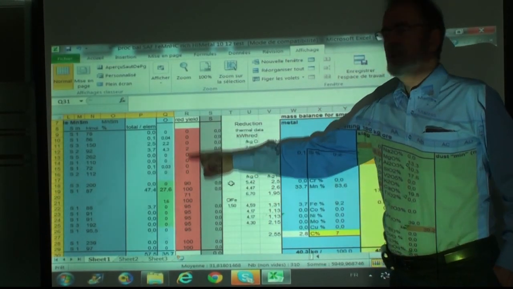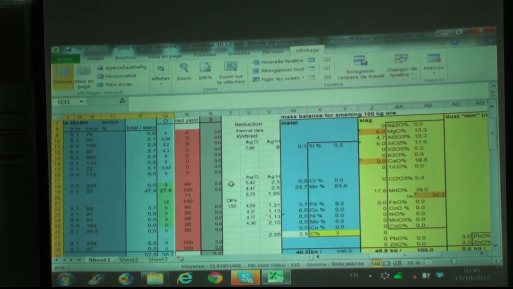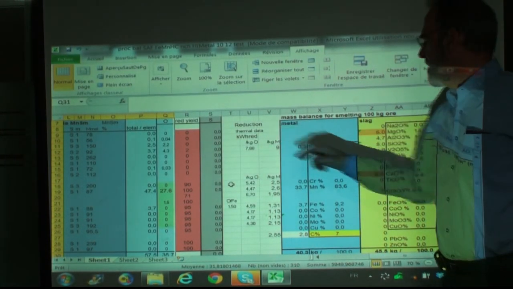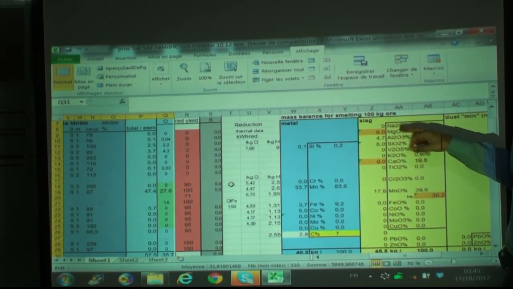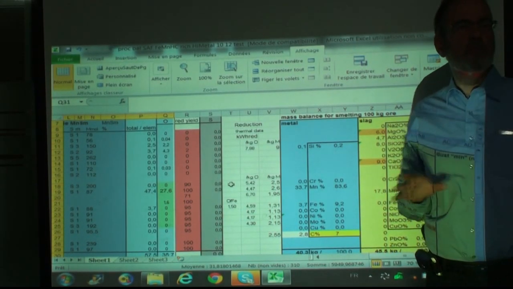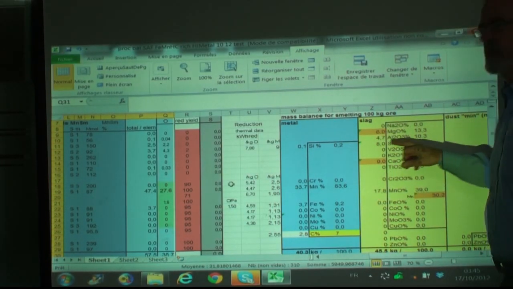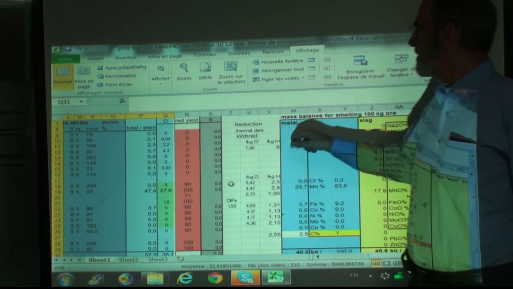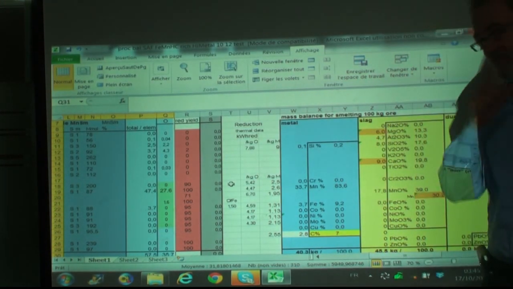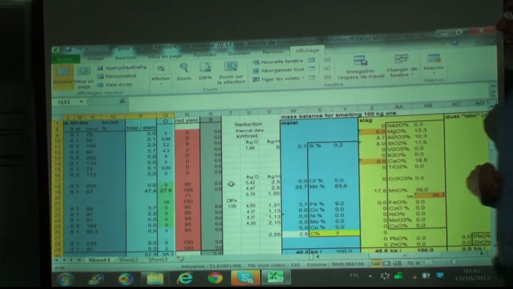The first reduction yields are close to zero because we are speaking of, you remember, Na2O, MgO, Al2O3, which are not reduced at all. Then red yield means reduction yield. Reduction yield, yes, exactly.